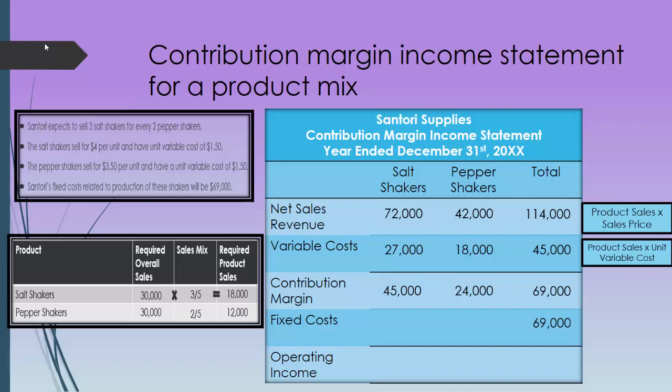So if we have a contribution margin of $69,000, which can go towards paying our fixed costs, and we actually have $69,000 in fixed costs, we're going to have operating income of 0. And since we were doing a break-even analysis, the amount of sales we have to have in order to break even, not make money, but not lose money, we know we're correct. So every contribution margin income statement on a break-even analysis should always end up with an operating income of 0.